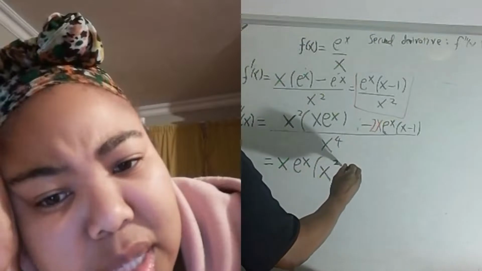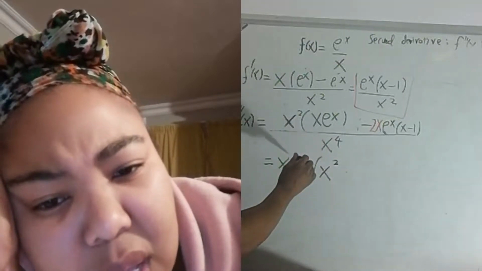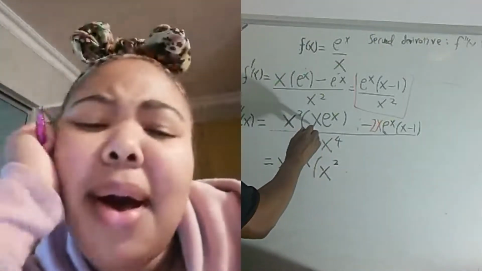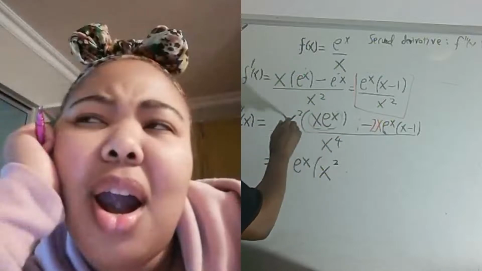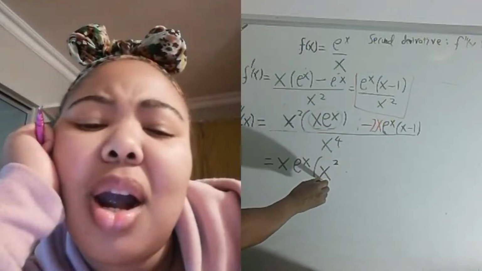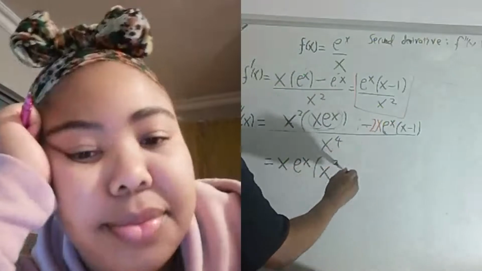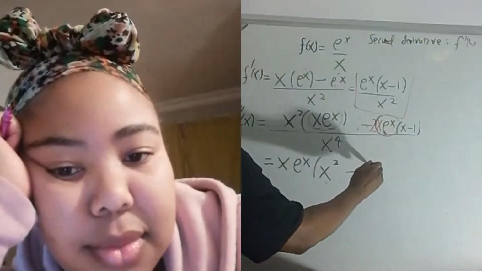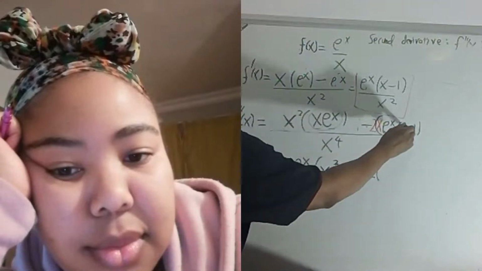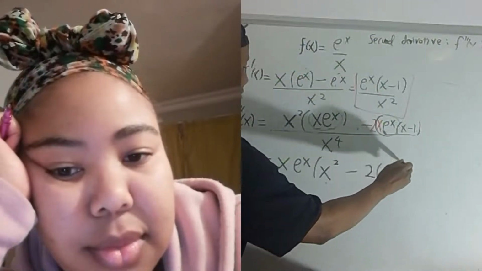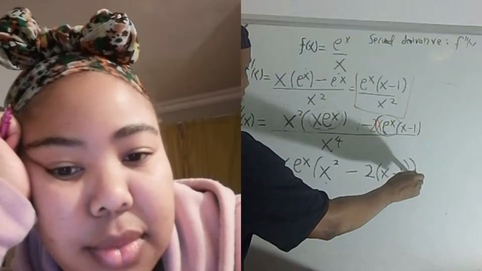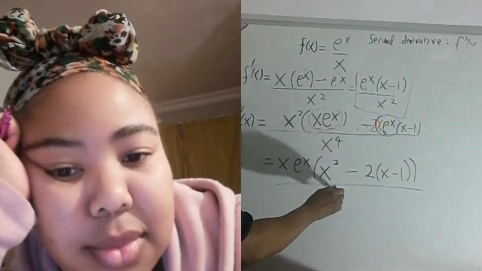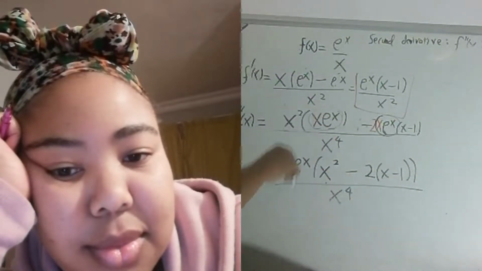Just x squared. Minus, x e^x went out, so we left 2x minus 1, then over x to the power 4.